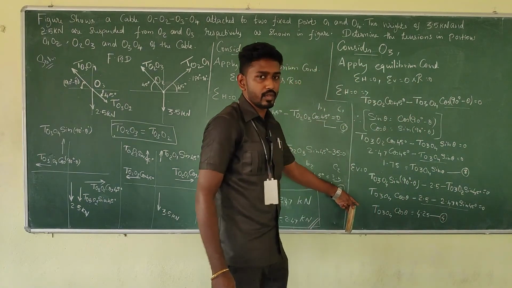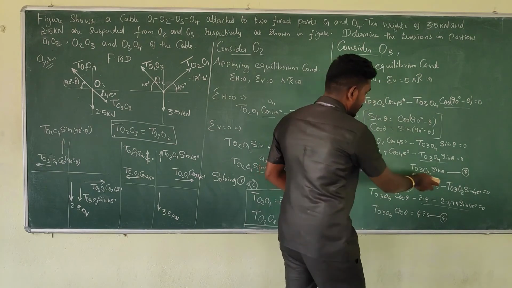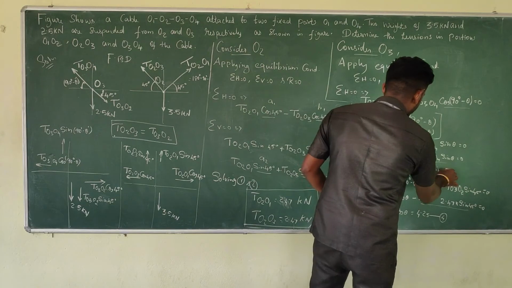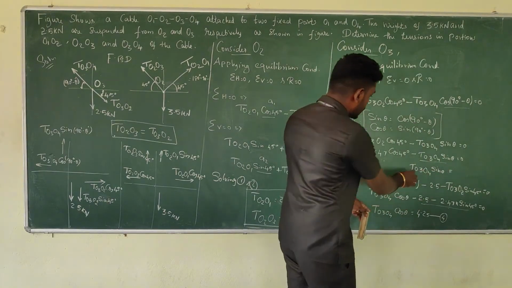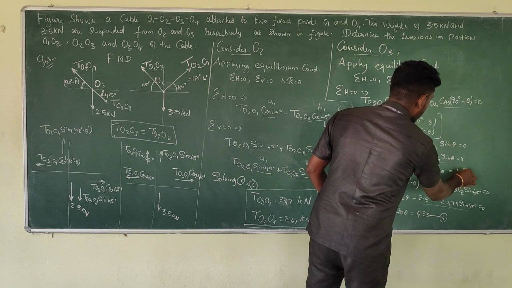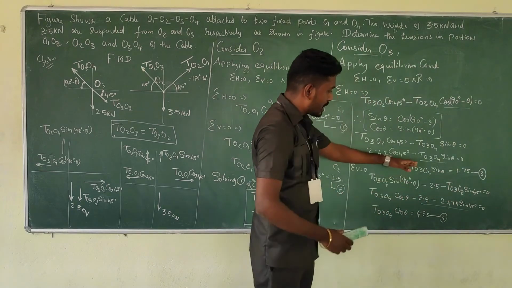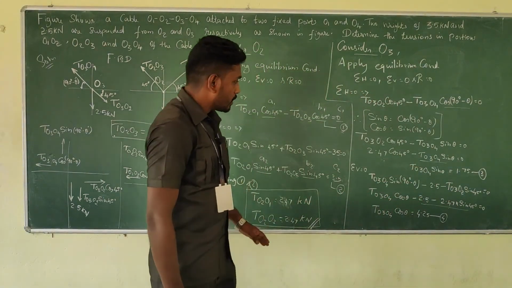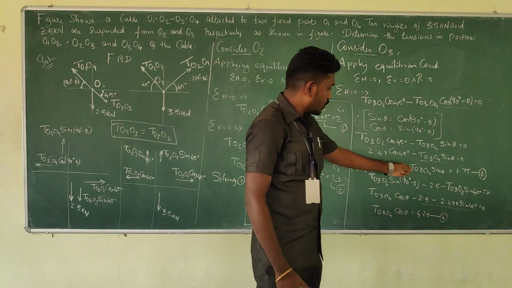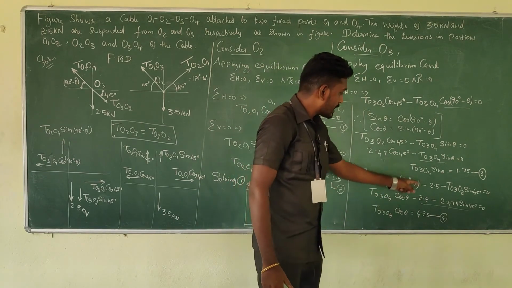I am going to take this as equation number 4. You can also rearrange this so it is easy for us to look at for reference. So we can write T O3 O4 sine theta is equal to 1.75, which is equation number 3. We can arrange them in order. Now, in order to identify T O3 O4 and theta, here we have cos and sine.